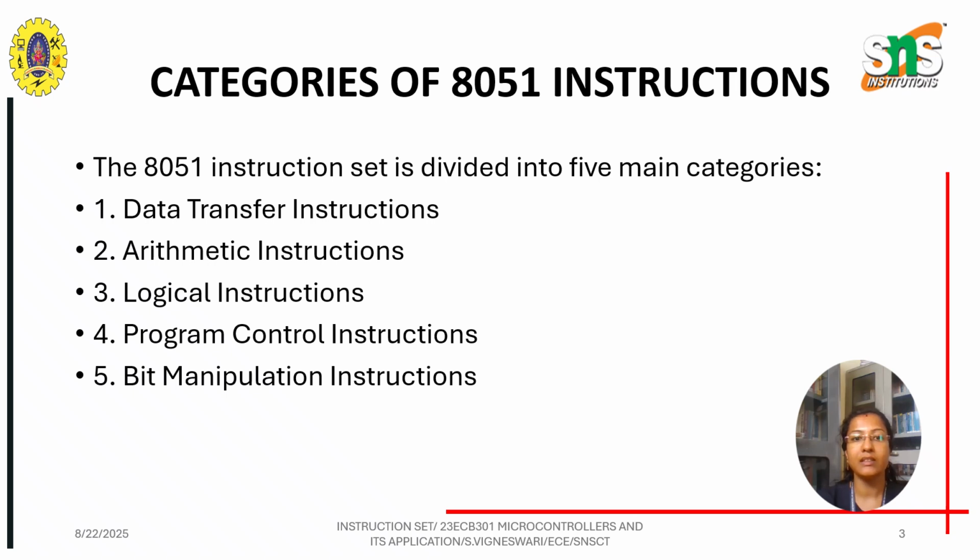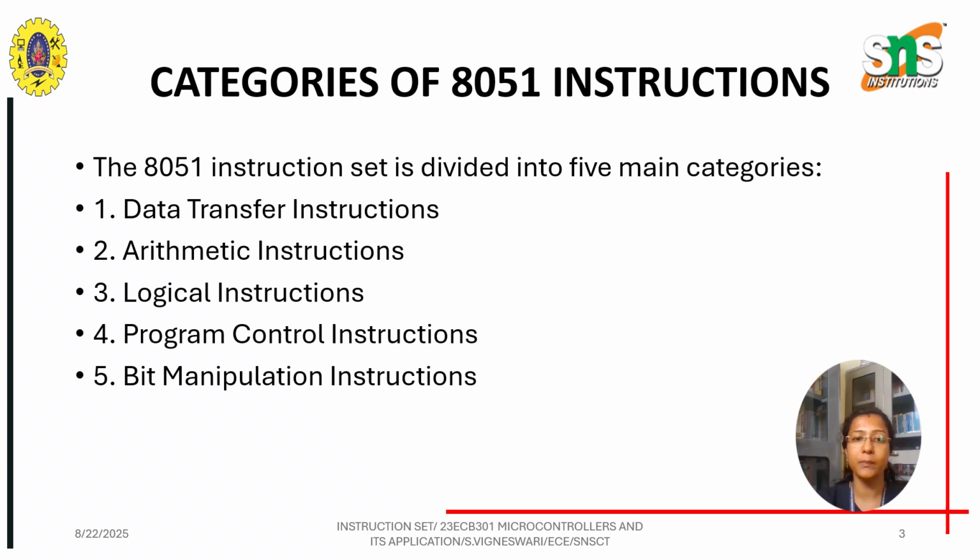Say for example, the data transfer instructions are used if we are going to have a data transfer or moving of content. An arithmetic instruction is suited for performing arithmetic calculations like addition, subtraction, multiplication, division. And logical instructions are used where we are going to have a bitwise analysis or data manipulation at the binary level.